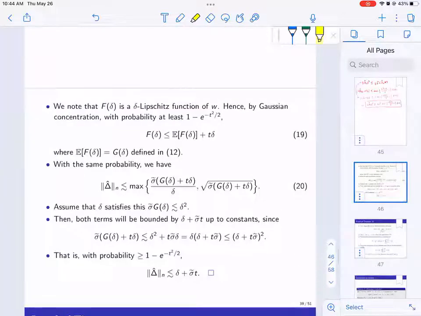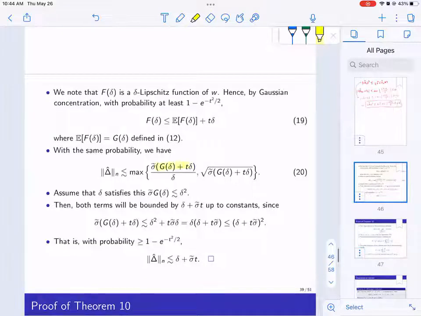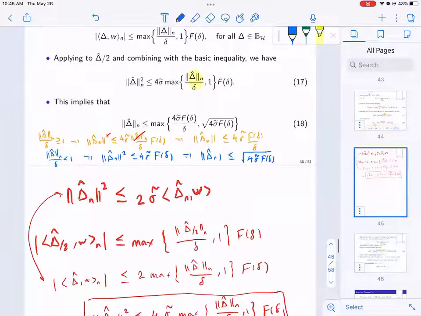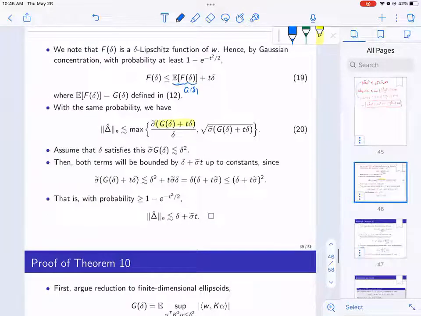So what I get is that with this same probability, I just replace f delta with G delta plus t delta. And then that's basically this bound. I replace f delta here with the expectation plus t delta. And then this is the assumption that we had. Remember, sigma tilde is just sigma over root n. So that's the critical inequality.